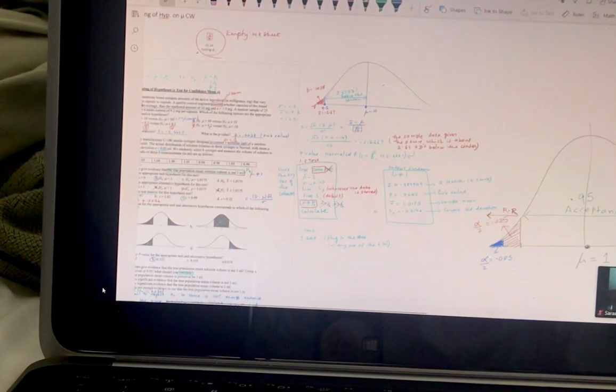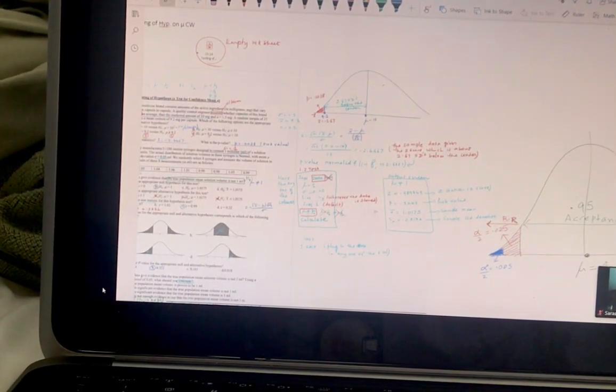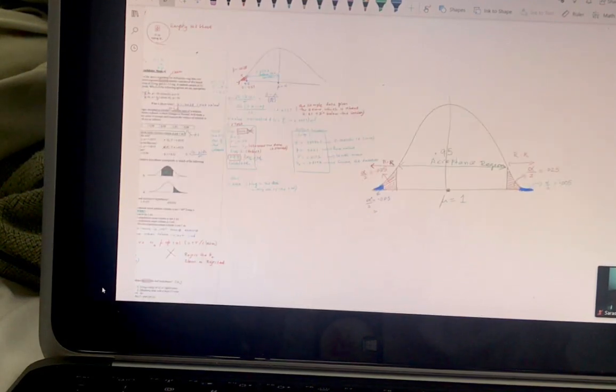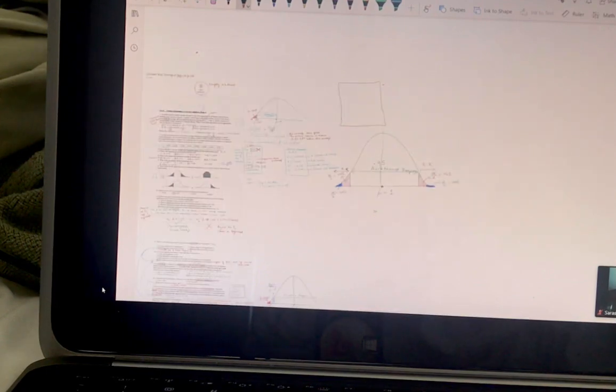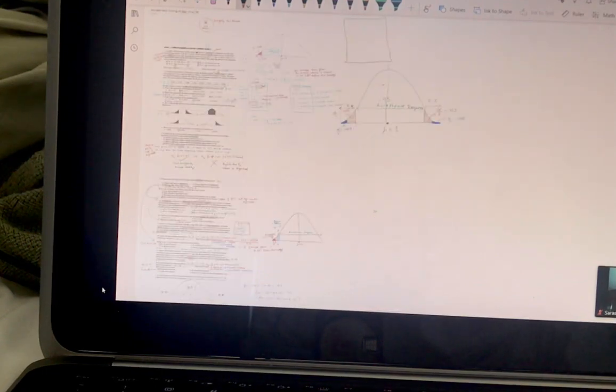So now I'm going to write the recipe for my TI. Take your TI, and then you are going to go to stat and then test.